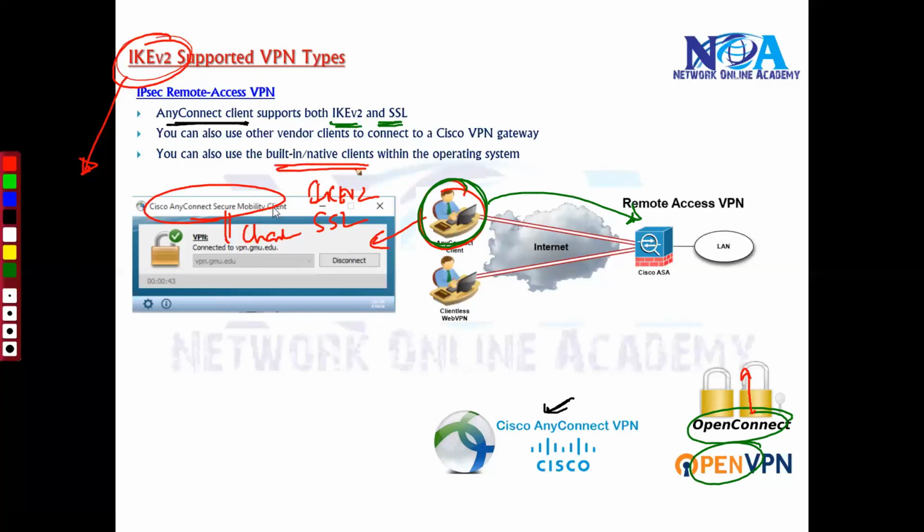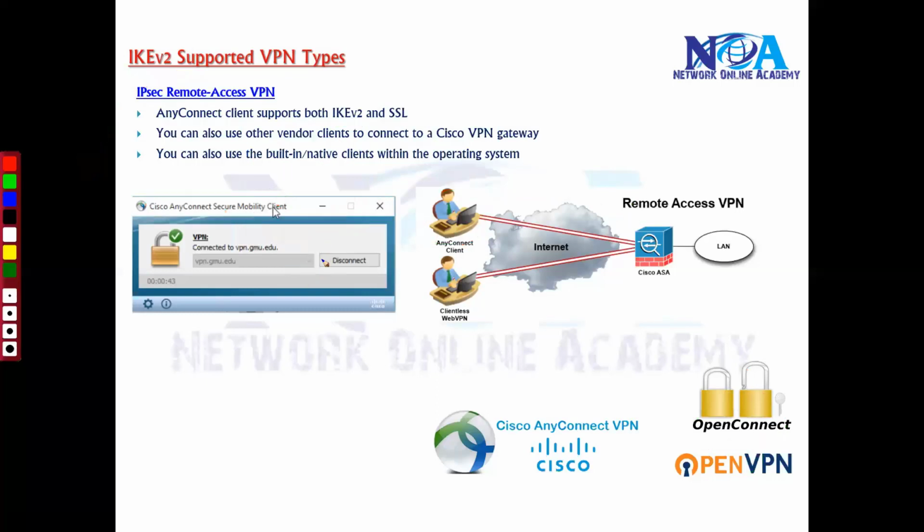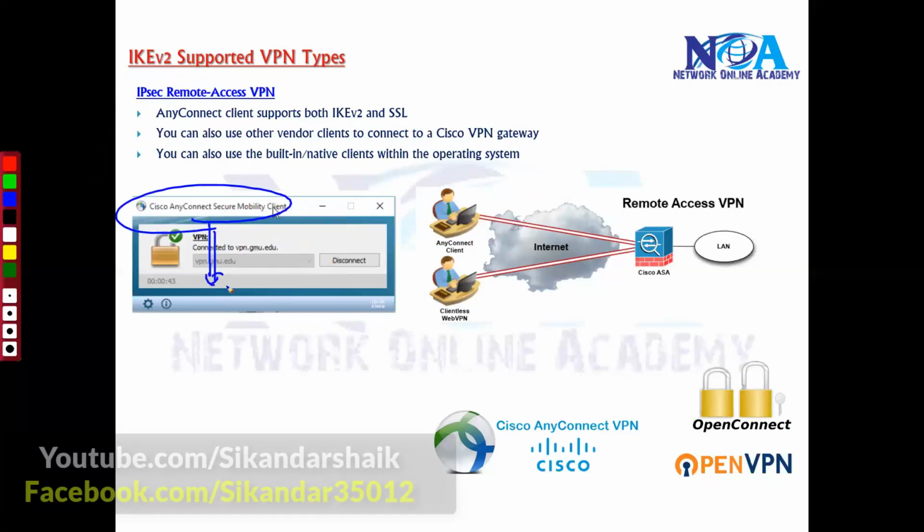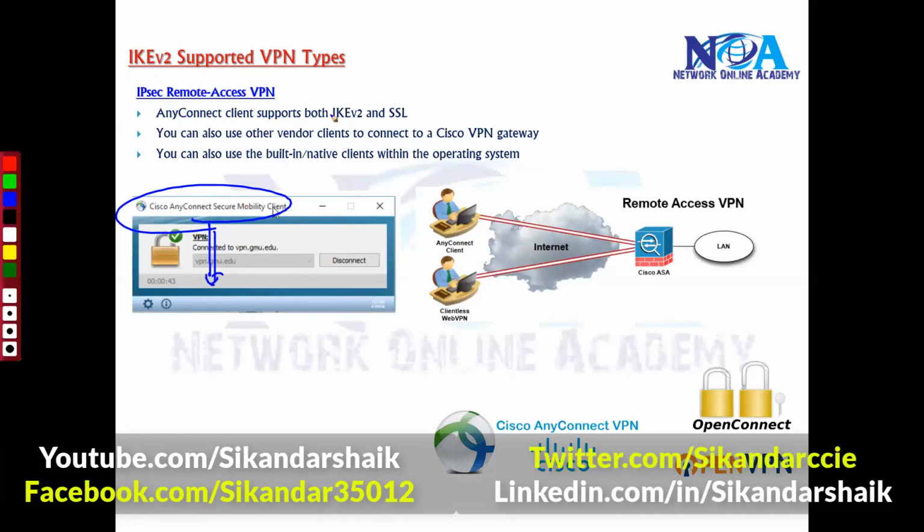You can also use built-in native remote client applications inside the operating system. But as we are more specific to Cisco, we'll be using the Cisco AnyConnect client, which is used to connect to the remote gateways when we are setting up the remote VPN with the help of IKEv2.